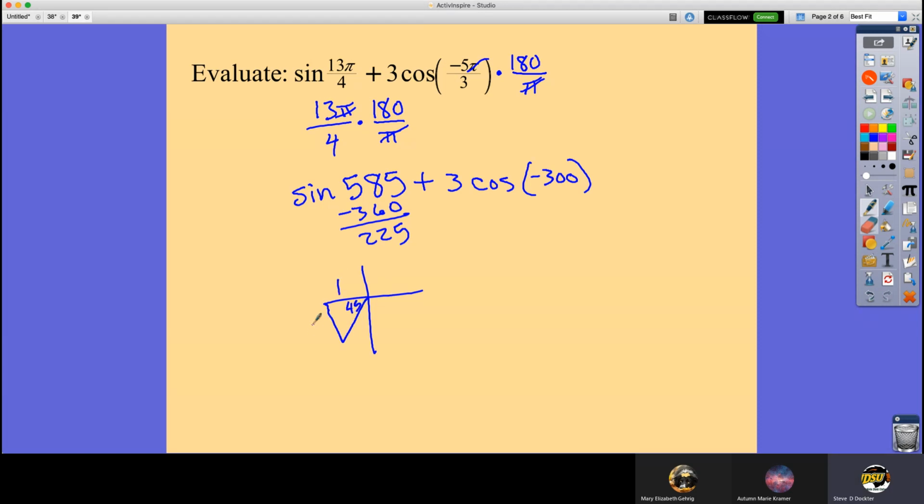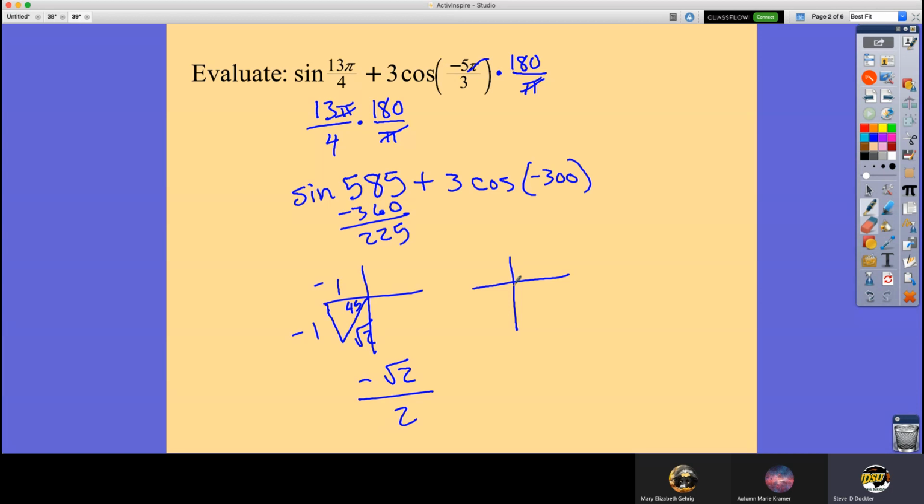So we've got 1, 1, square root of 2. And then both of these sides are going to be negative because we're going to the left and we're going down. So then sine of this becomes negative square root of 2 over 2. For the other one, cosine of negative 300, where does that go?